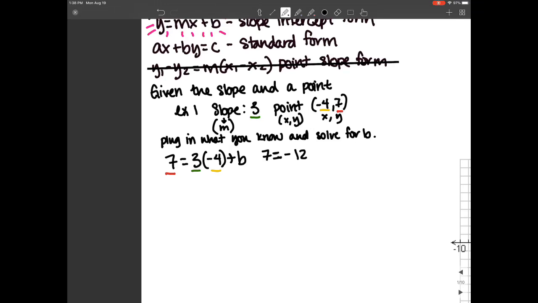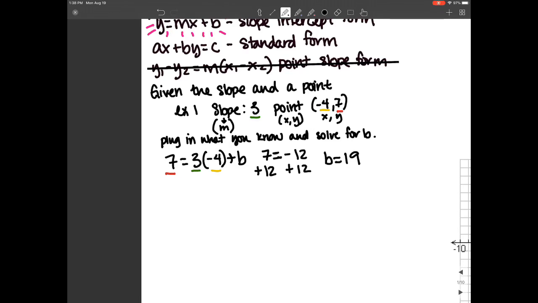And then how do I get b by itself? Add the 12 to both sides. Perfect, thank you. So I'm going to end up with b equals, and 7 plus 12 is 19. So my equation, now I'm going to actually do the answer.